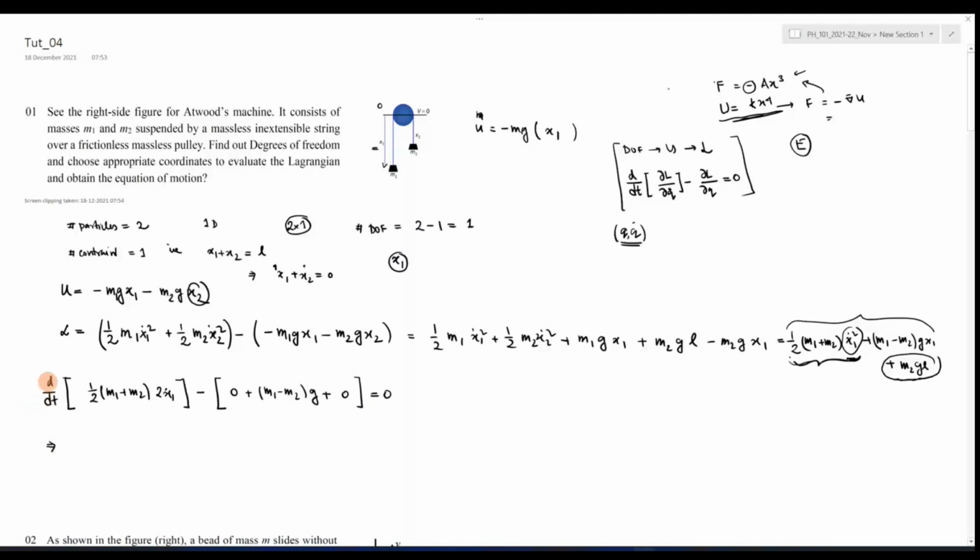Now this is a total derivative, d/dt of this. If you had x1 also here, then you would have to do the total derivative carefully. Now it's very simple.